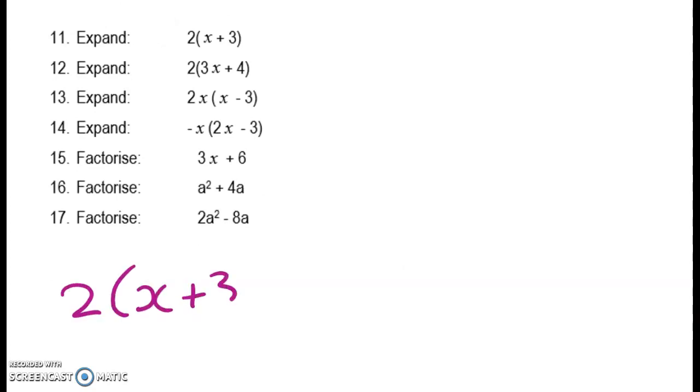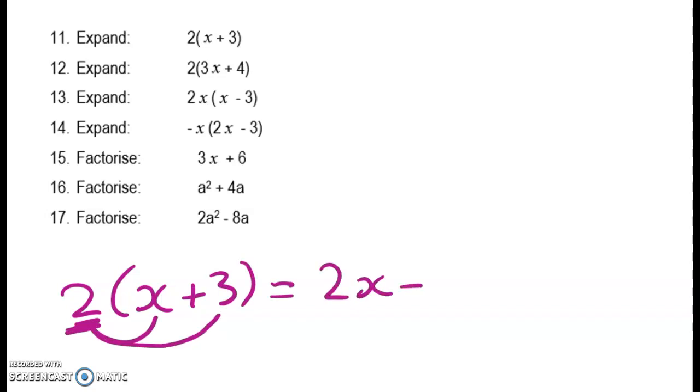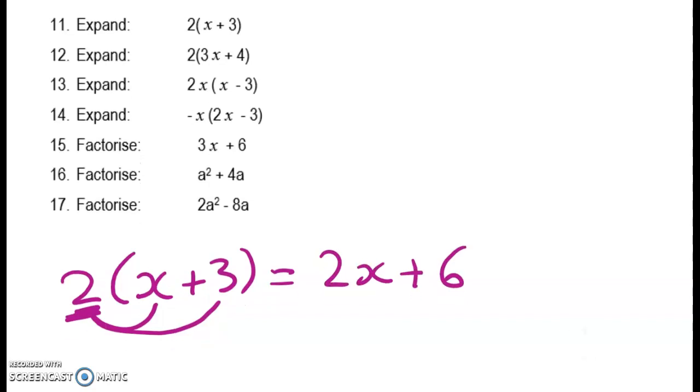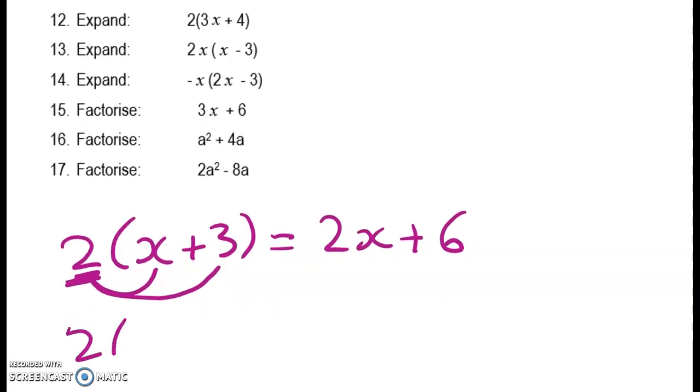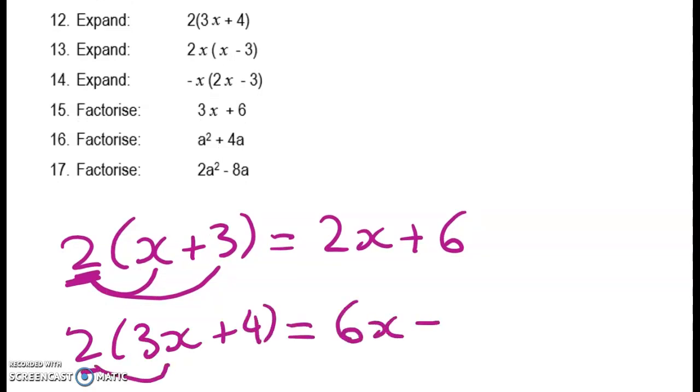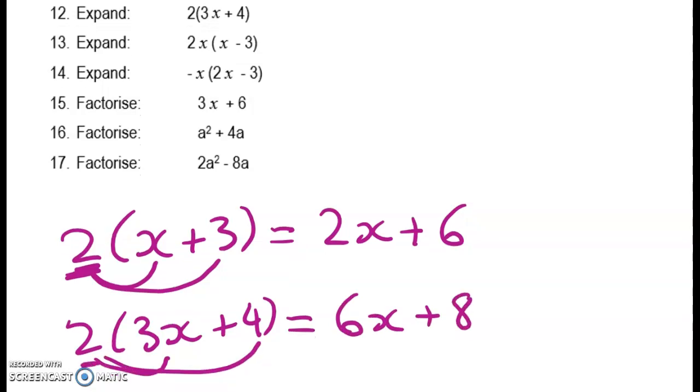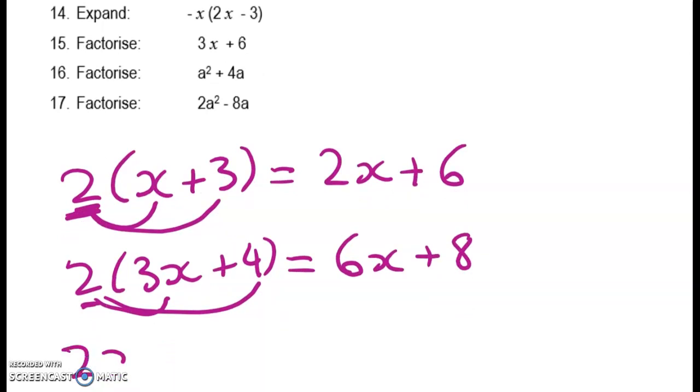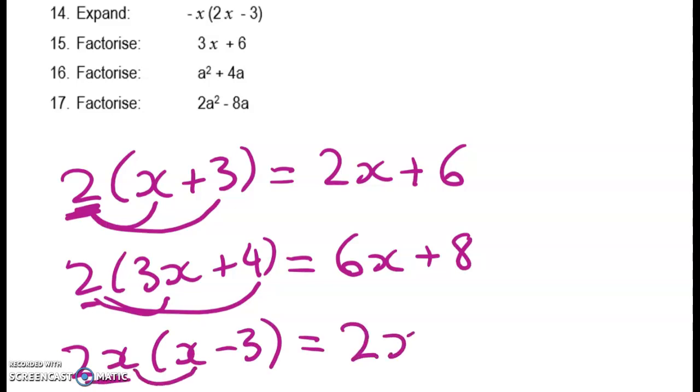So when we expand, we're taking this number and we're multiplying it through here. So we have 2x plus 6. For number 12, it's the same idea. It's 2 times this, which is 6x, plus 2 times this. That gives me 8. The next one is 2x times x minus 3. 2x times x gives me 2x squared.